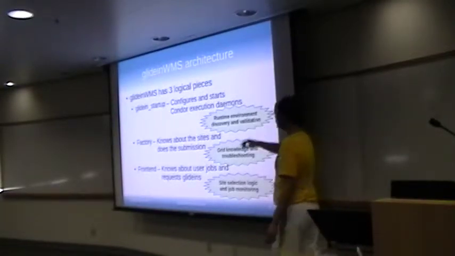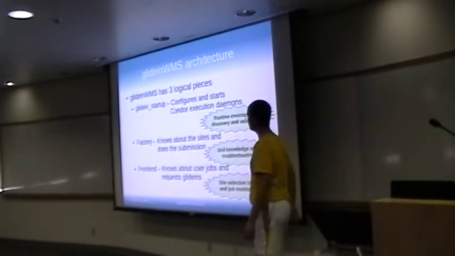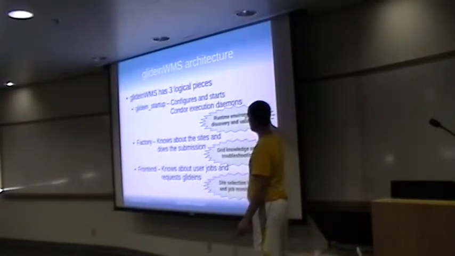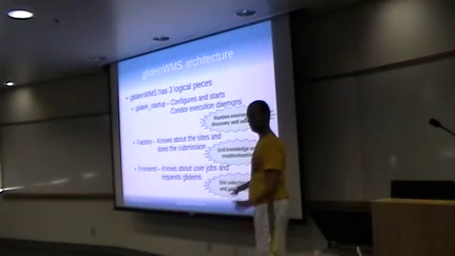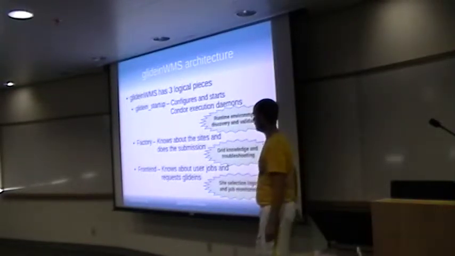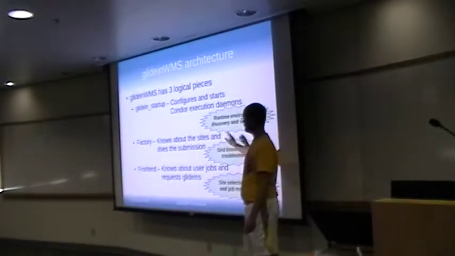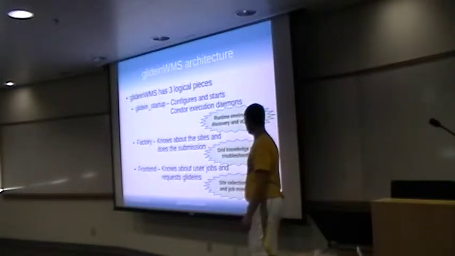So let's start with the glidein startup, which is the one that configures and starts the Condor execution daemons. And this does the runtime environment discovery and validation on top of the configuration. You have the factory that knows about the various grid sites, cloud-ish style, whatever, and does the actual submission of the glideins.